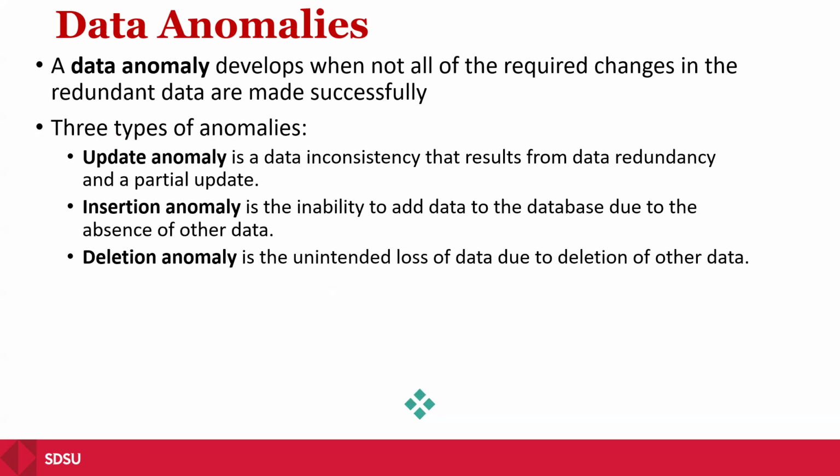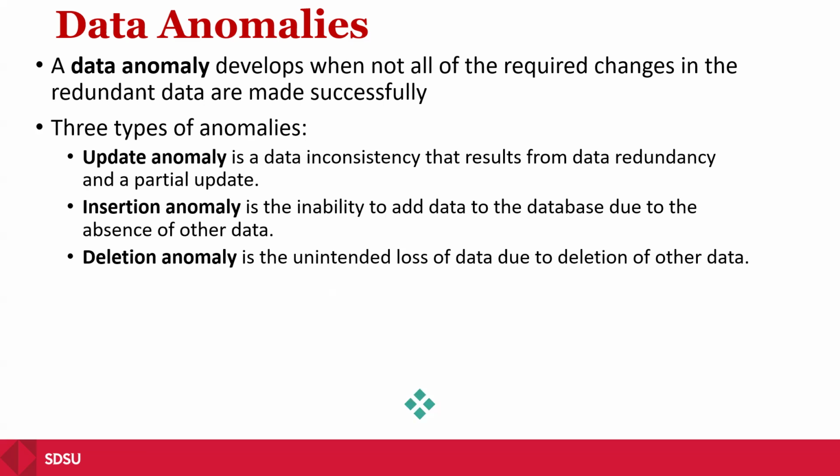So when we think of what we actually do with data, we can update data, right? We can add more data, or insert, in database terms, insert data. We can also get rid of data, or delete data.